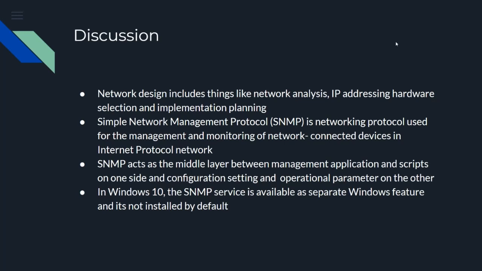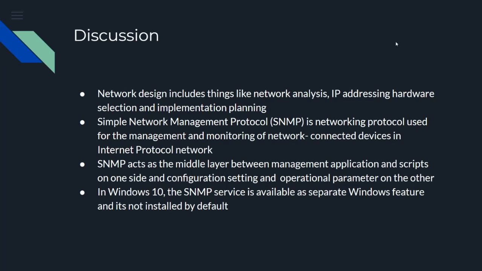So for my part, I will talk about the discussion. Networks are sets of computers which share resources located on or provided by the network nodes. So to design a network, the first step is to start with identifying technical requirements and continue until just before the network implementation stage.